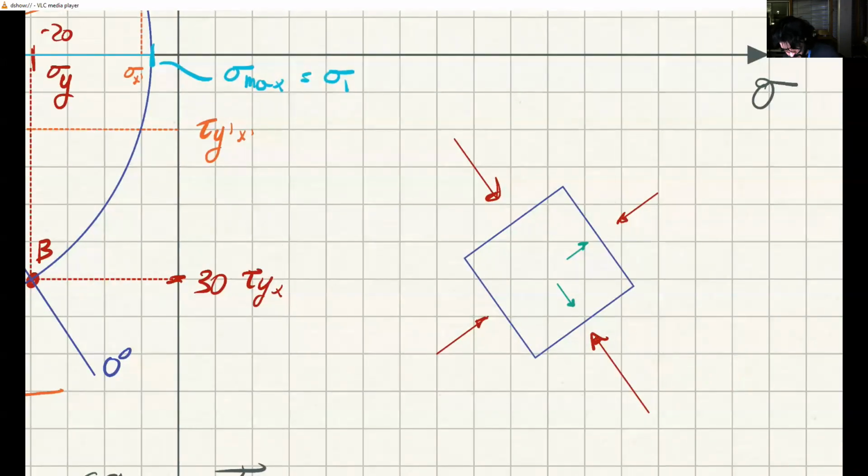So in this case, I can just change these colors. And I have that this is sigma 1, and this is sigma 2.